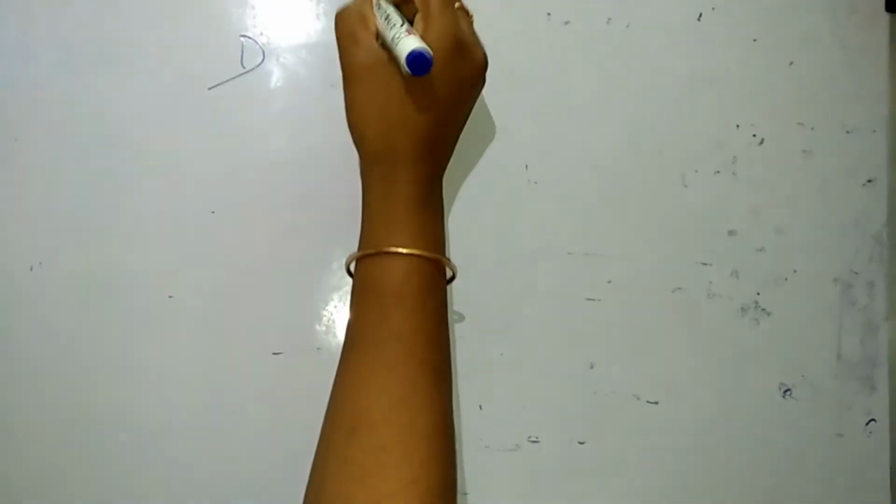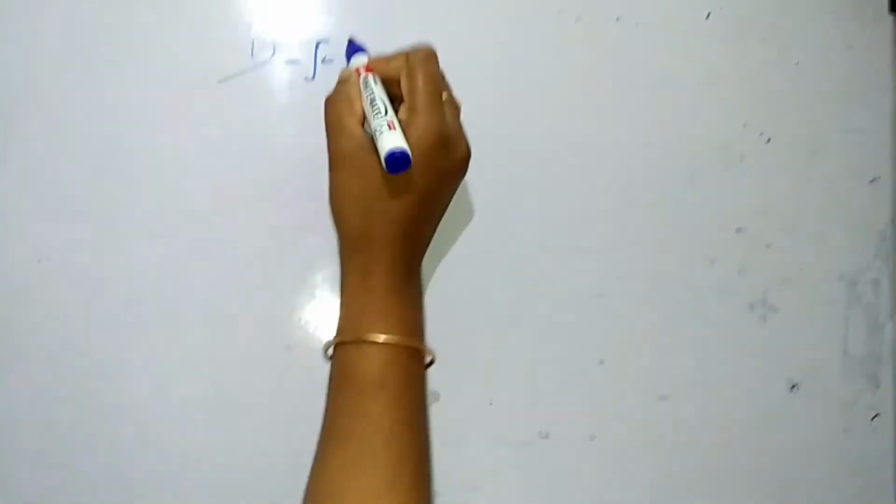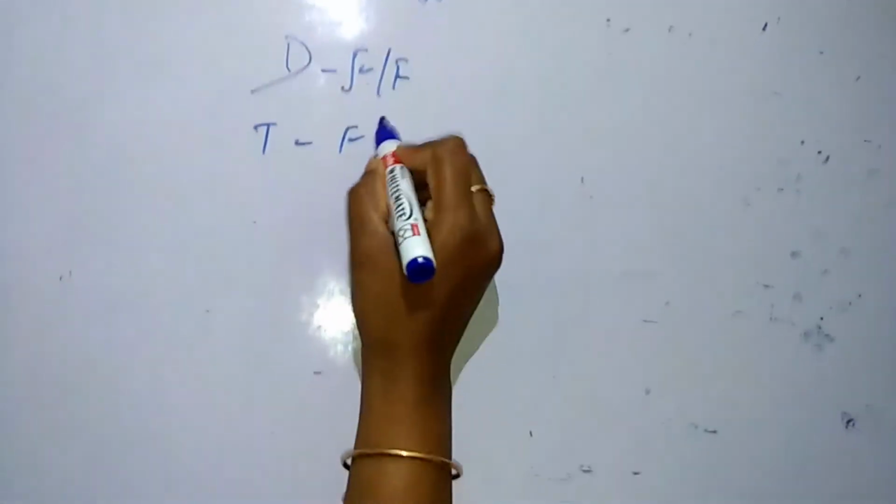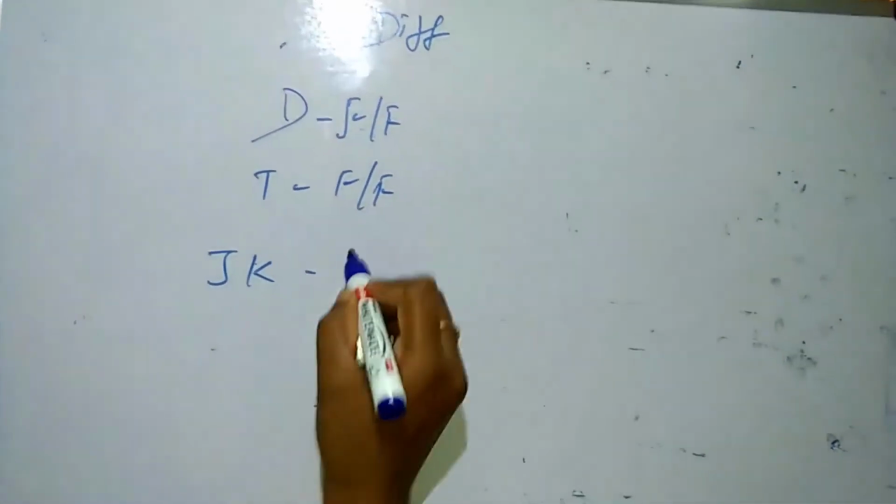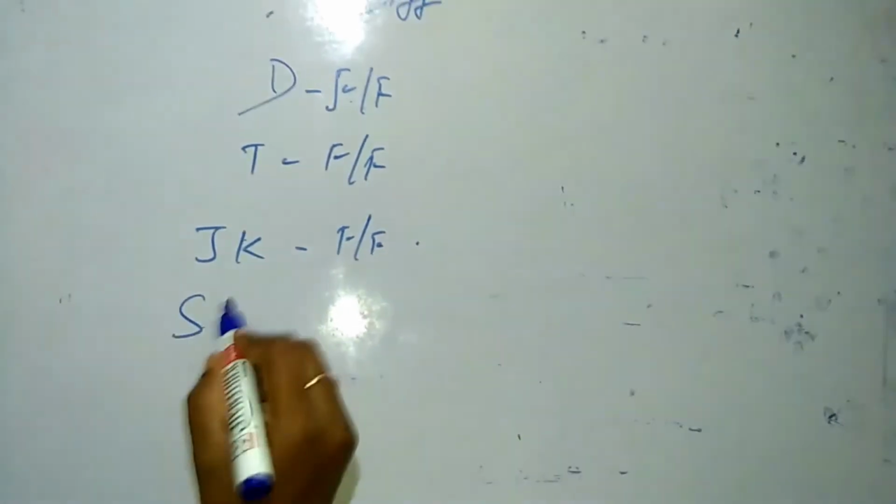Let me quickly take you all through the different types of flip-flop. We have the D flip-flop, T flip-flop, JK flip-flop, and SR flip-flop.